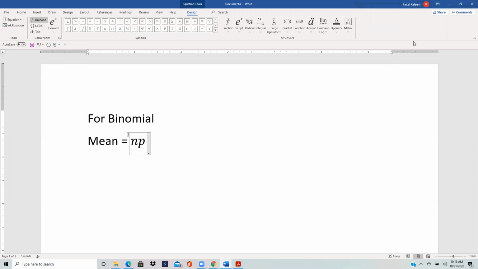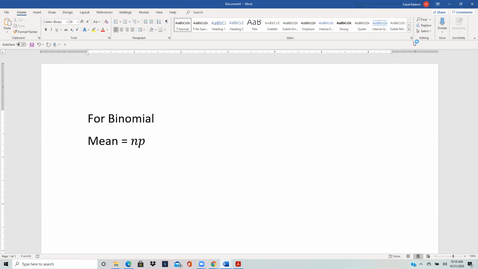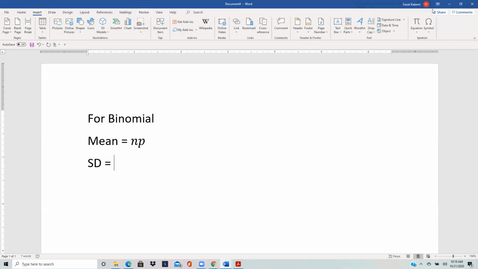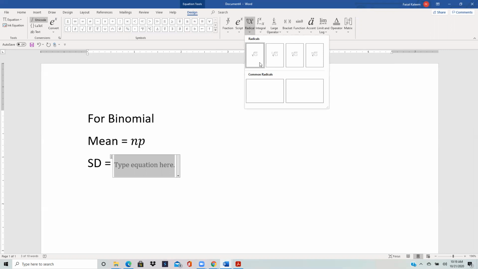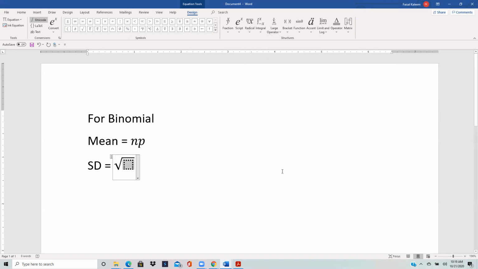And then what else do we have? The standard deviation. What's the formula for that? Is it just the square root of the variance? Yeah, and what is the variance? It's n times p times (1 minus p). Right.